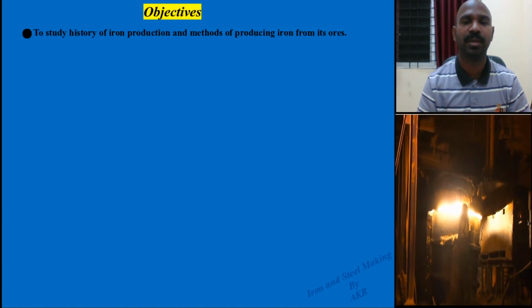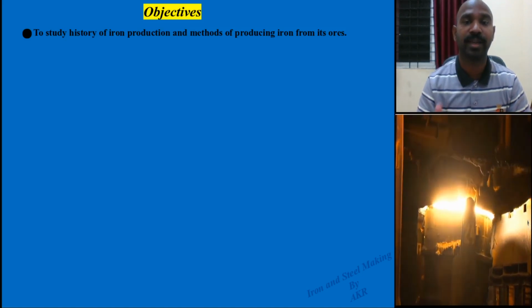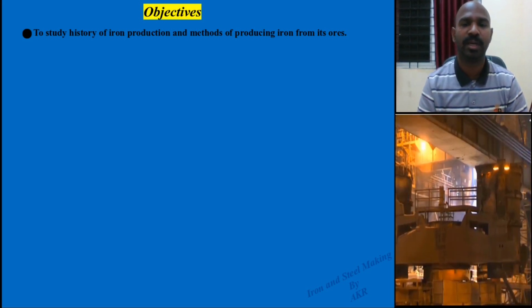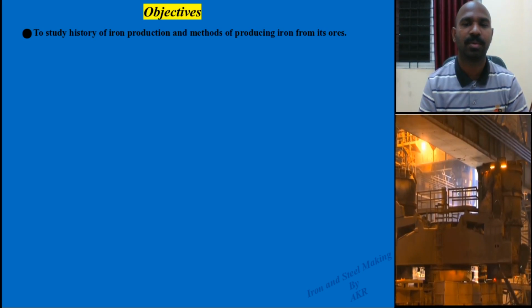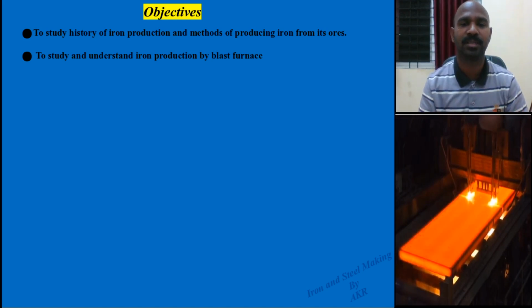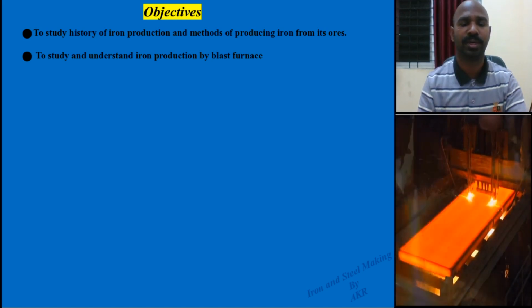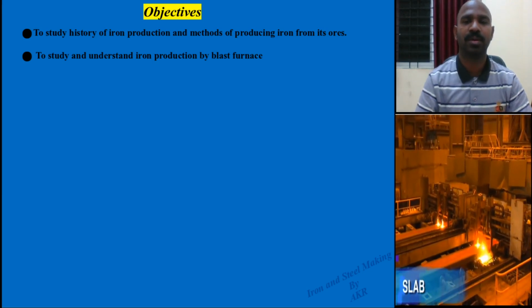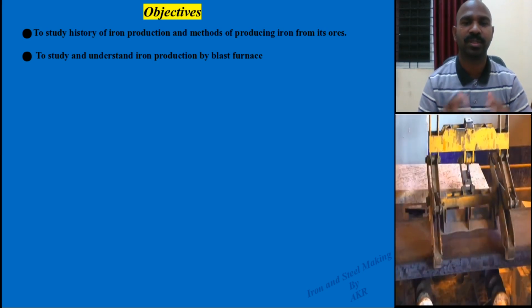Now, what are the main objectives of this course as a part of the iron and steel making course? The first point is to study and understand the various iron production processes, and next to understand iron production especially by the blast furnace, how this iron is produced, the process, and the physical and chemical reactions.